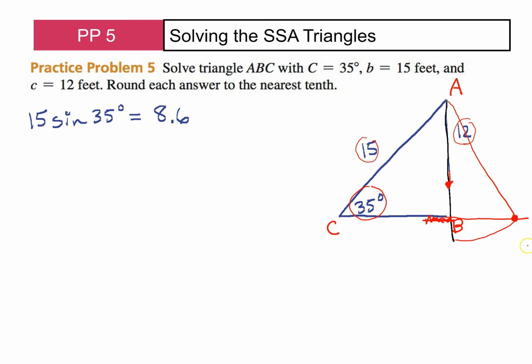I have B2 right here, but it can also swing this way and still be 12 feet, and this would be B1, on the interior, coming closer to the line. So there are my two different triangles. They can form two different ways.